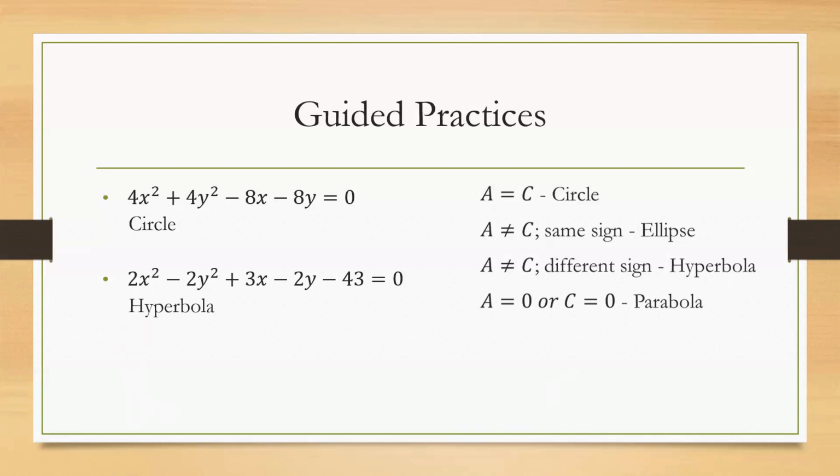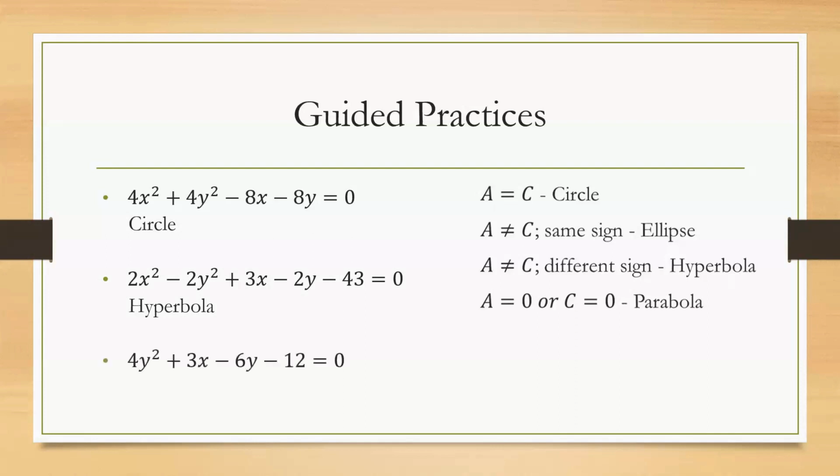Why? Because for the x squared term, its coefficient is positive 2, while the coefficient for the y squared term is negative 2, which is completely different from positive 2. So if A is not equal to C and they have different signs, then the equation is a hyperbola.